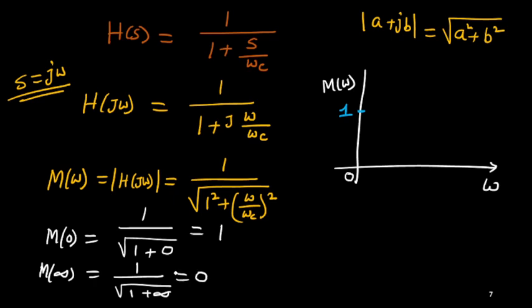Okay. So meaning is that magnitude is going towards 0 for high frequency. So it is becoming almost 0 here. So gradually you can see that it's monotonically decreasing. As omega is increasing, what is happening? M of omega is continuously decreasing. The shape could be like this.